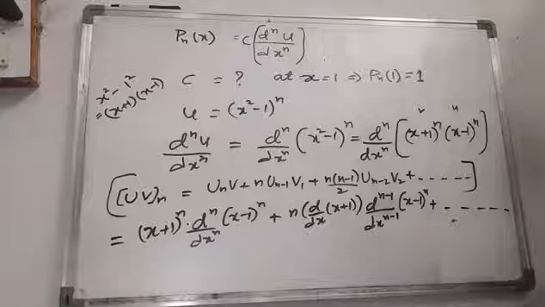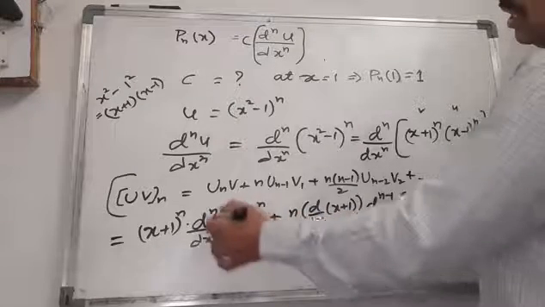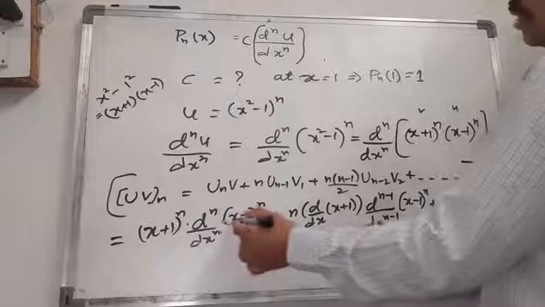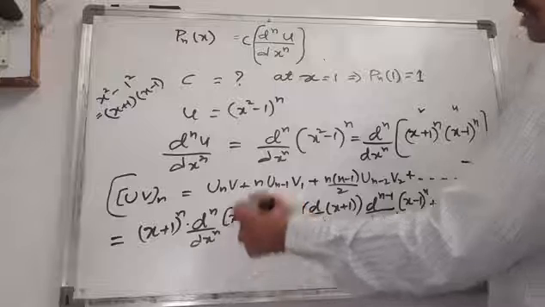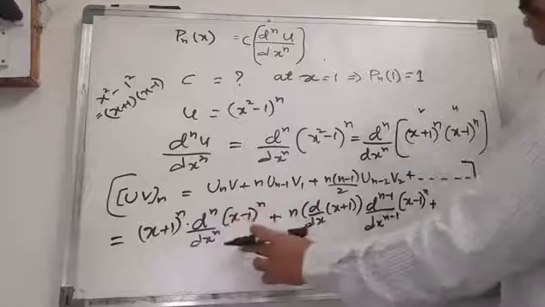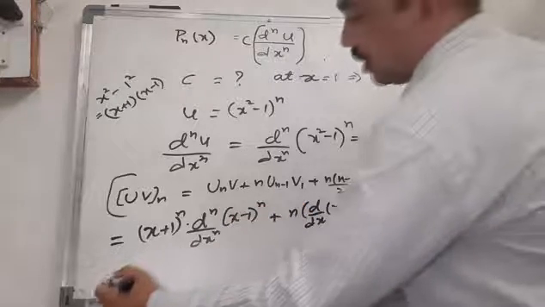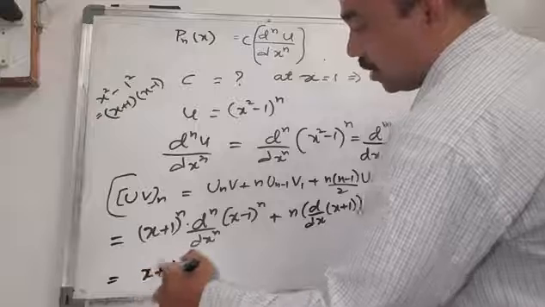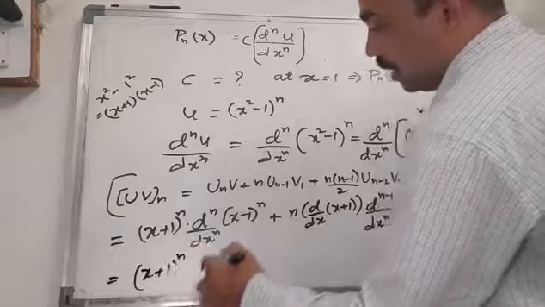If you see the first term, the nth derivative of (x minus 1) whole power n, that differentiation will be equal to n factorial. This is equal to (x plus 1) whole power n into n factorial.